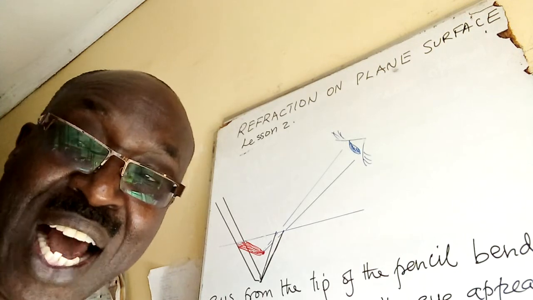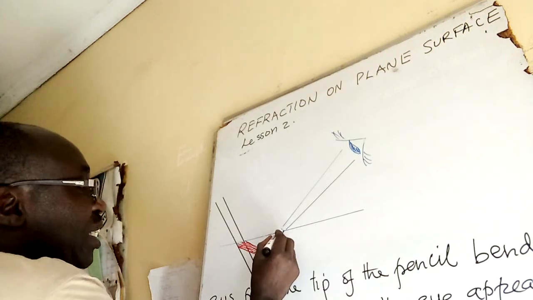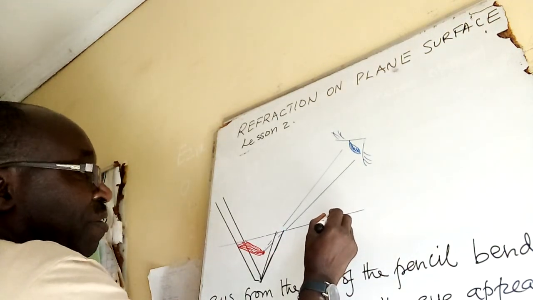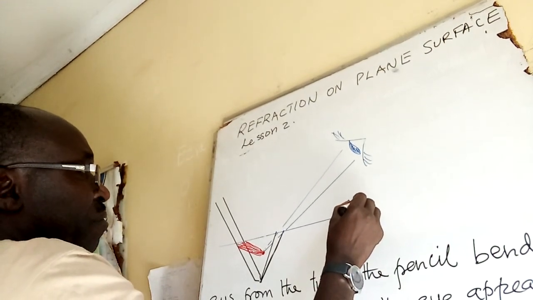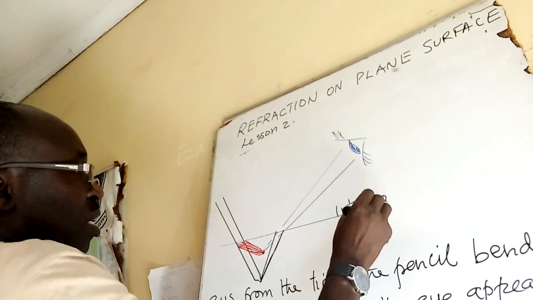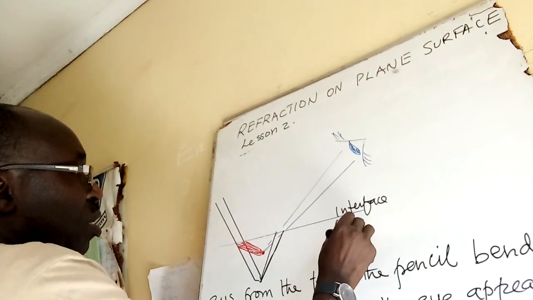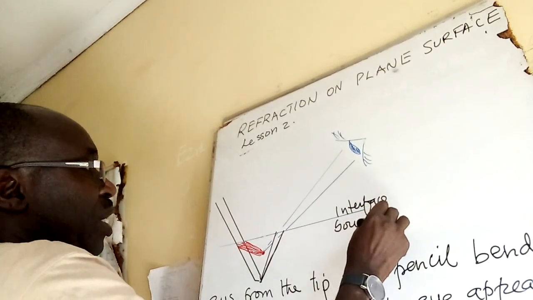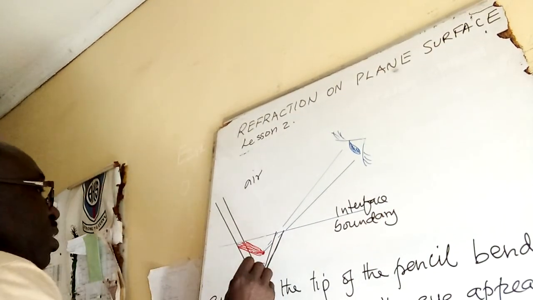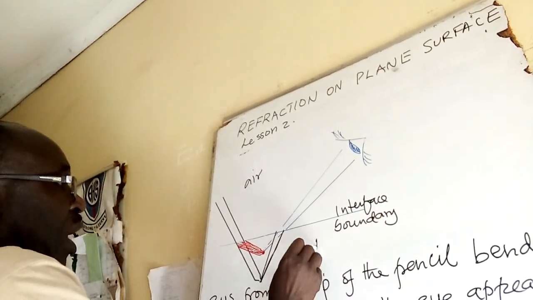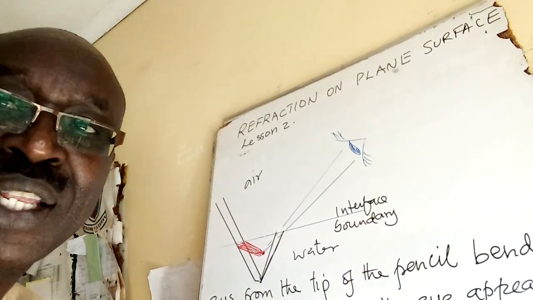But we are seeing that on reaching the surface, this is the interface. This is what we call the interface, the boundary. Now this is the boundary between air and this one is water. Remember?